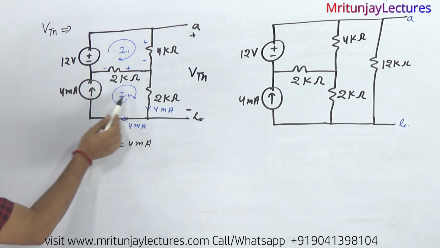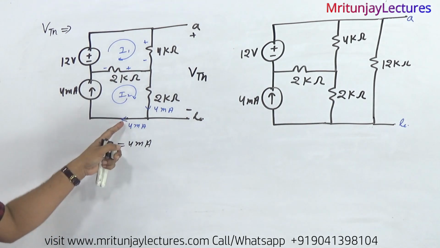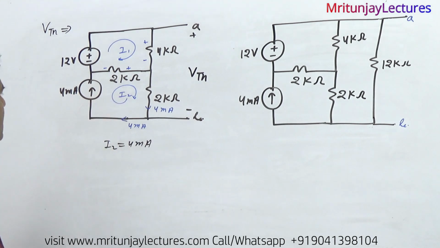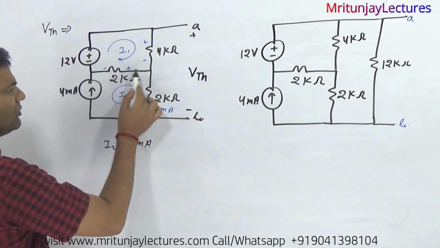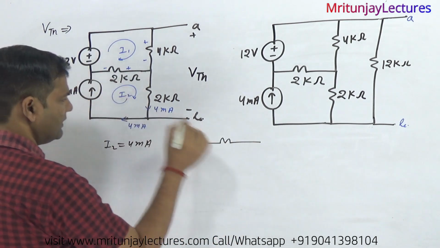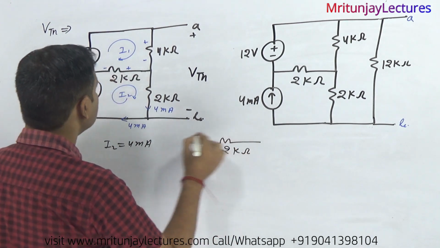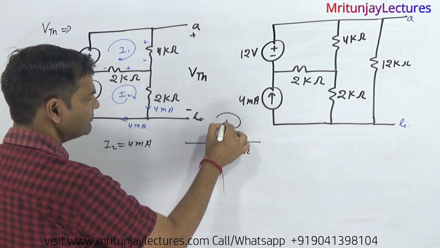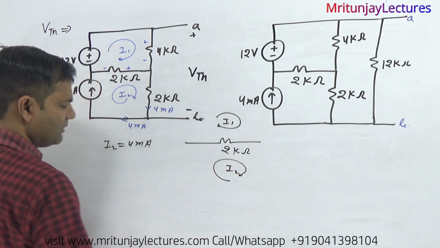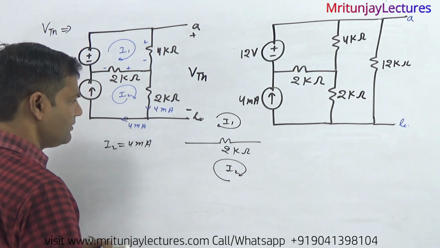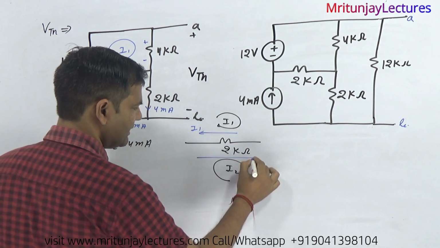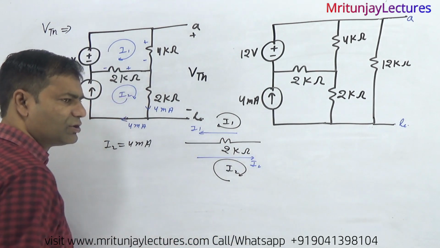Because the loop current and branch current are the same in that branch, so this is equal to I2. But what about this branch current? First of all, take the branch that is 2 kilo ohm, I1 here, I2 here. What about I1 direction? What about I2 direction? Like this one.